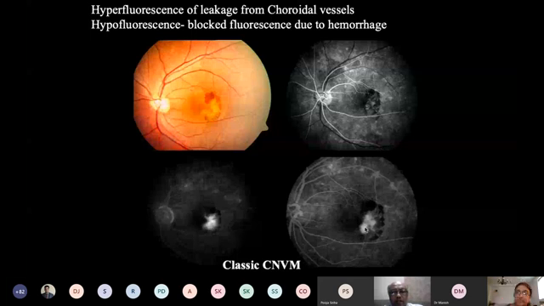Why is it not a CSR leakage? Which one, sir? This particular patient. Oh, okay. I think it will be a good idea if I show you the CSR. So in a CSR, what happens is, let's see the CSR, sir, and then probably your question, we'll take it up.